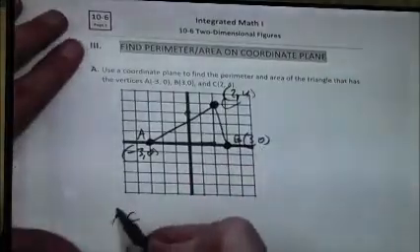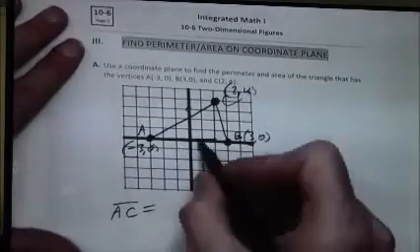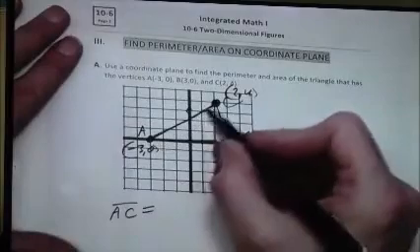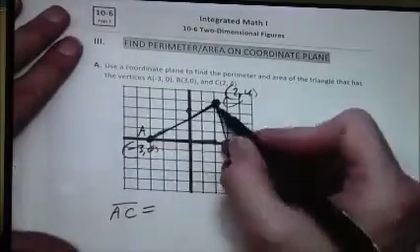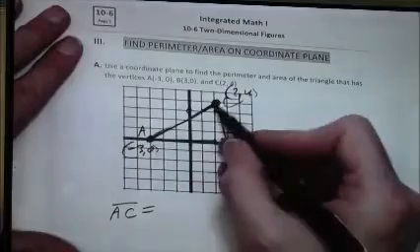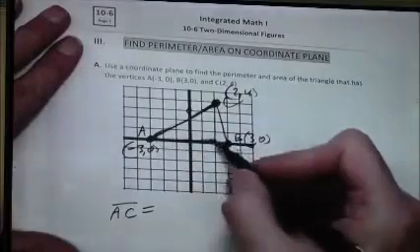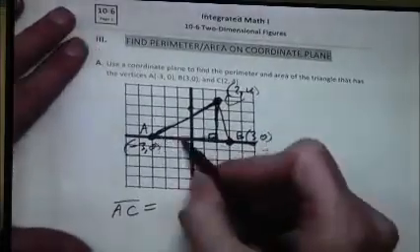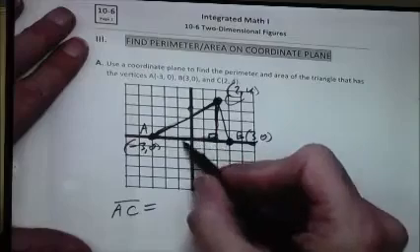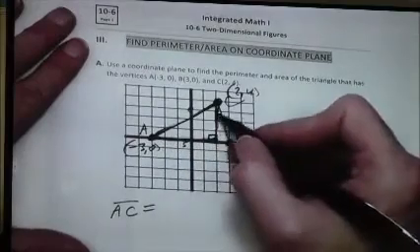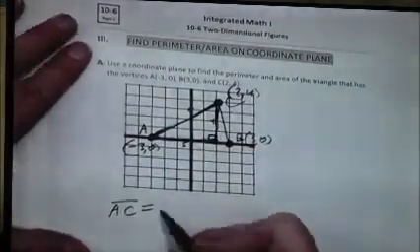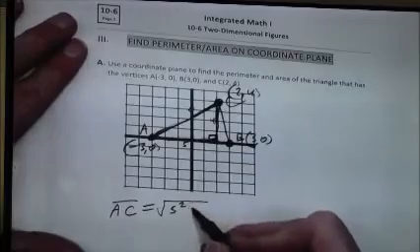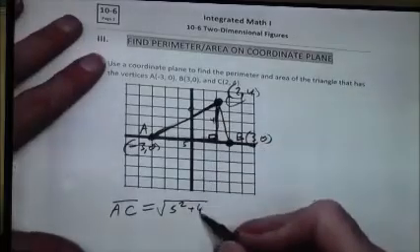I'm going to say that the length of AC is equal to, if you think about it, this length here, this is the distance, and you have a right triangle if we come down here and go over here. And that right triangle has 1, 2, 3, has 5 here, and it has 4 here. So what we have is the square root of 5 squared plus 4 squared.